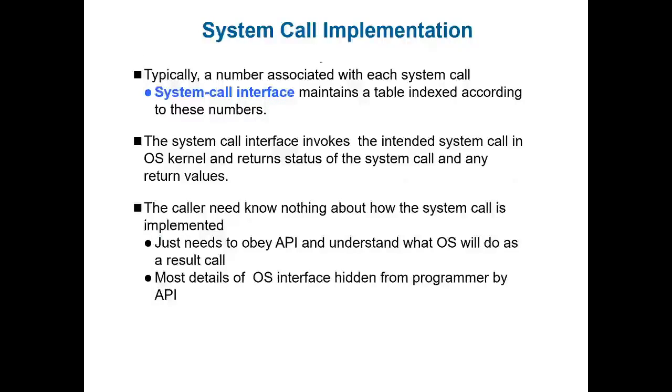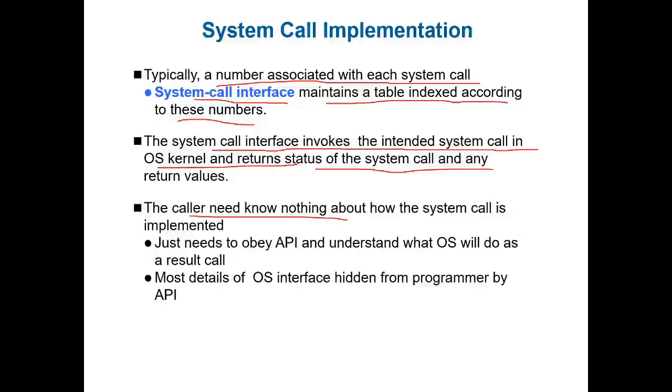System call implementation. There is a number associated with each system call. There is a system call name as well as a number associated with it, and it maintains a table indexed according to these numbers, and it is called the system call interface. The system call interface invokes the intended system call in the OS kernel and returns the value accordingly.